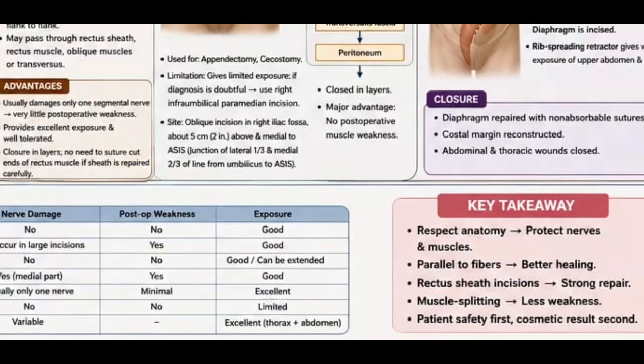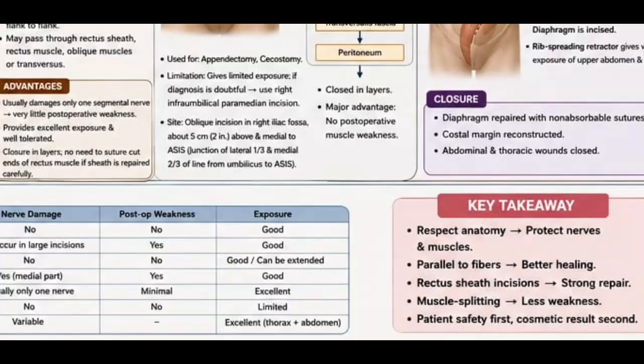Now, the second question can be: what is the safest abdominal incision that the examiner can ask you? The midline incision is the safest abdominal incision, because it avoids the muscles, the nerves, and the major blood vessels, and it is performed at the level of the linea alba. The third question is: which incision is used for appendectomy?